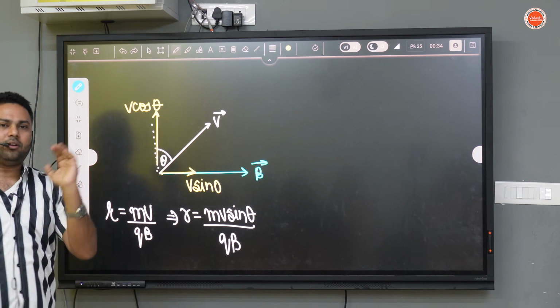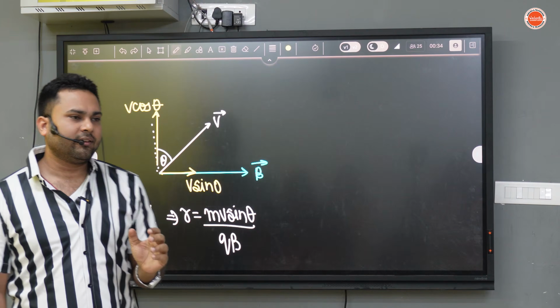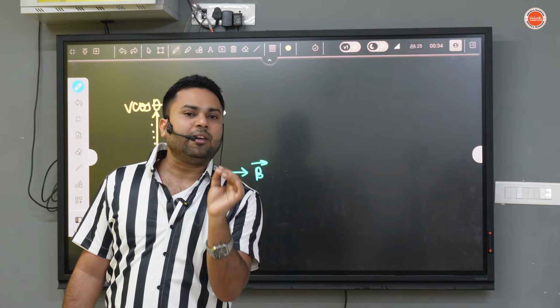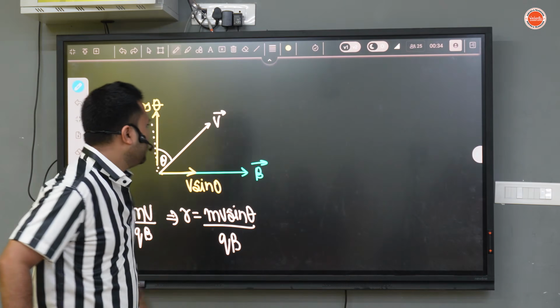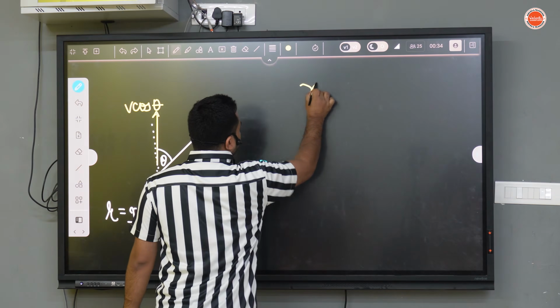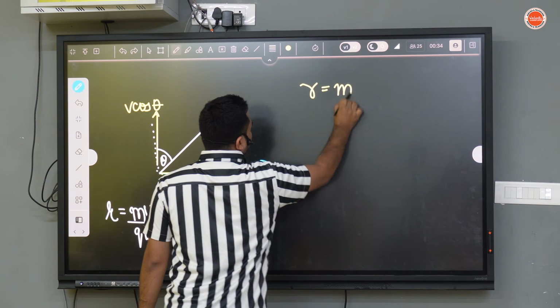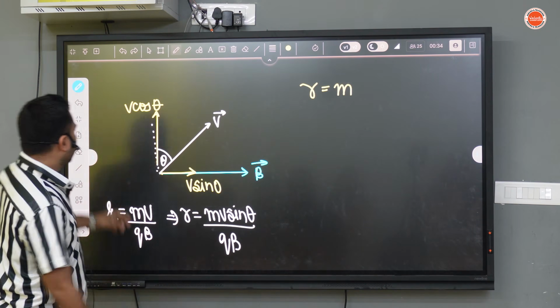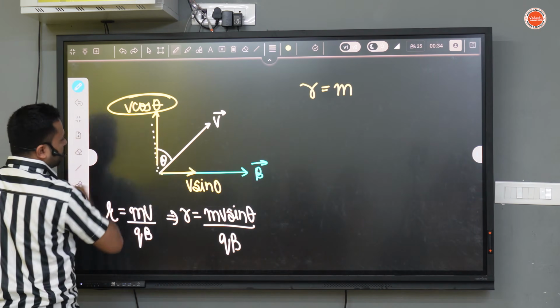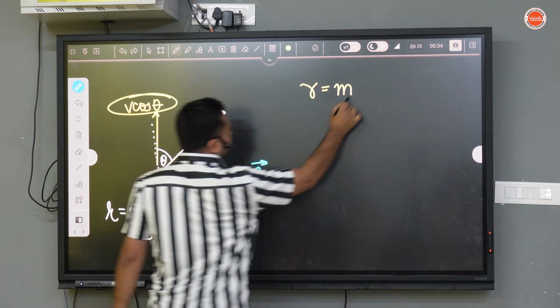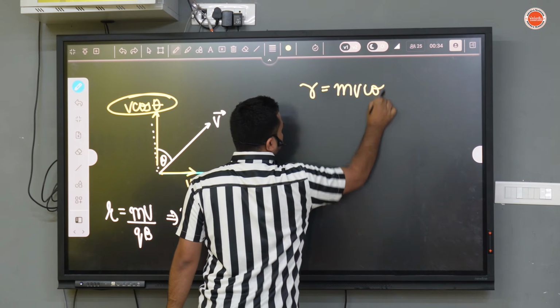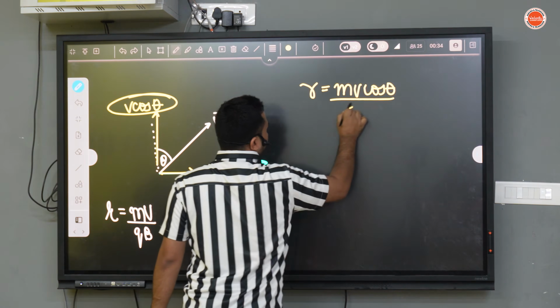Now what I told, if you are writing radius, you have to take m times the perpendicular component. Now this component is perpendicular to the magnetic field. So m v cos theta by qB.